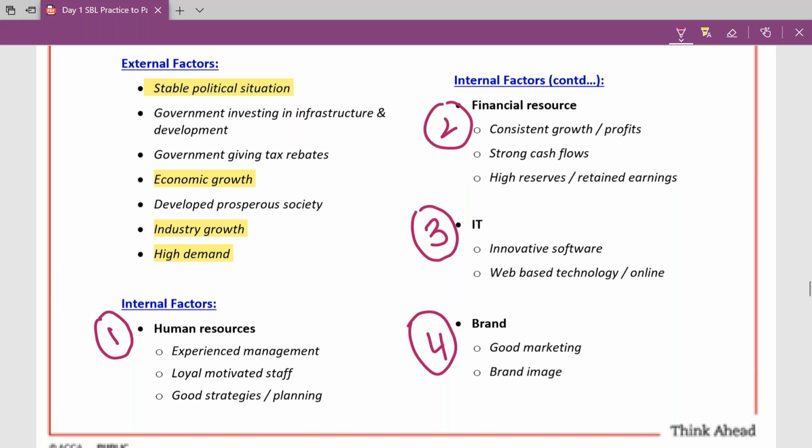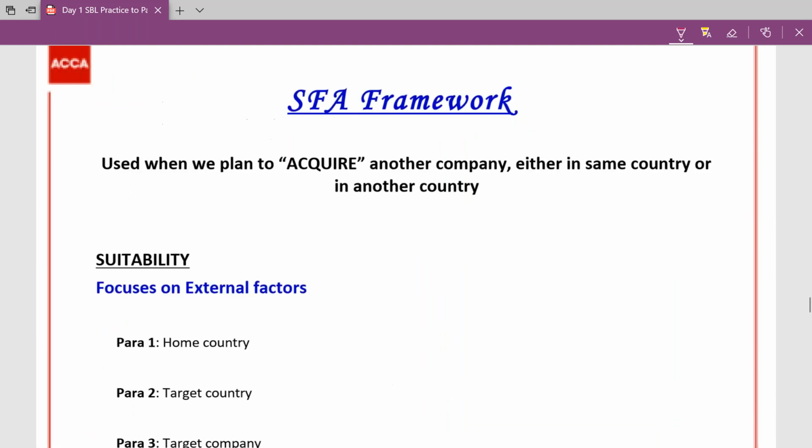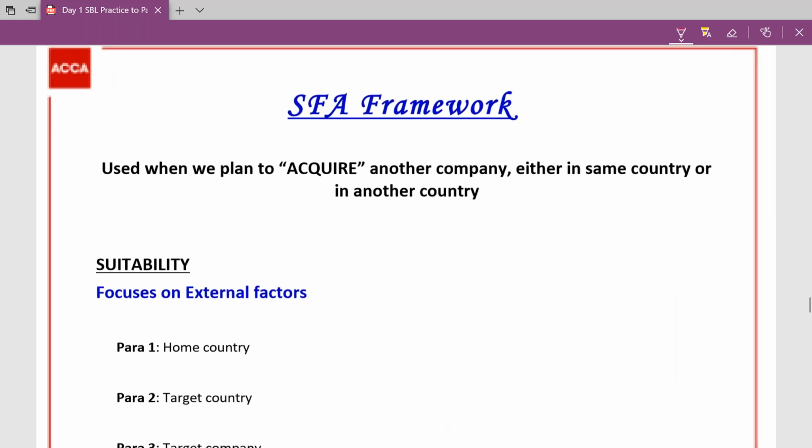Right. So success factors done. The next topic is the SFA framework. It is also called the SAF framework: suitability, feasibility, acceptability, or suitability, acceptability, feasibility. The sequence doesn't matter. Again, I remind you, it is a very, very critical model.